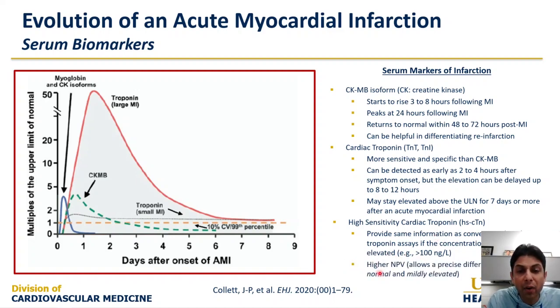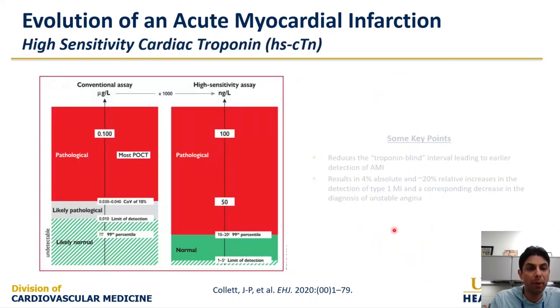But it has a higher negative predictive value. In other words, it allows a precise differentiation between normal and mildly elevated, as the name high sensitivity would suggest. So let's explore that in a little bit more detail.